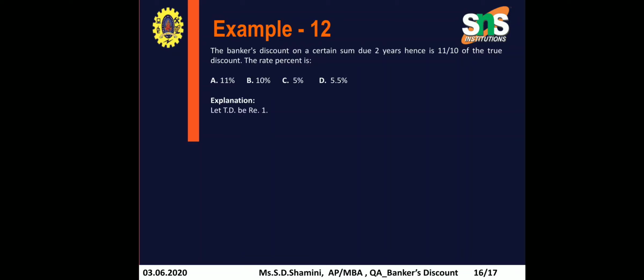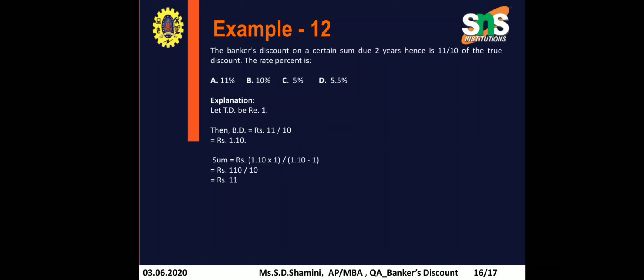Okay, so let the true discount be rupees 1. So the banker's discount is 11 by 10 of the true discount, which is 1.10. So the sum is equal to banker's discount into true discount divided by banker's discount minus true discount. So 1.1 into 1 divided by 1.1 minus 1.